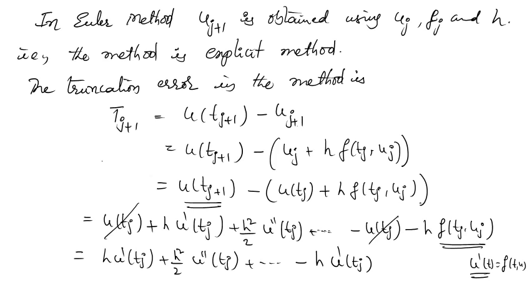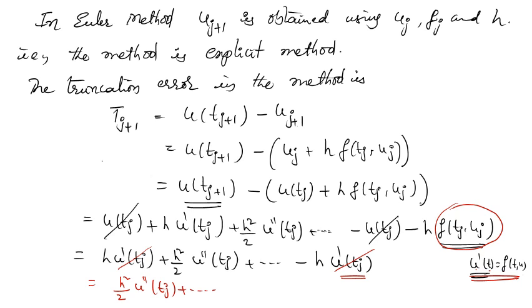Now these two terms get cancelled, and the remaining error is h square by 2 u double dash tj, and so on.